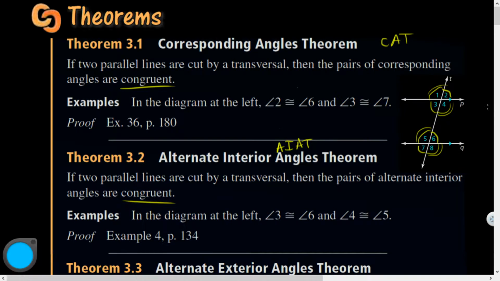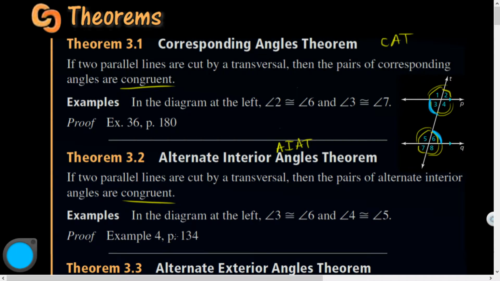Alternate interior would be like this one and this one, and notice, those are congruent. And you'll be able to prove it using vertical angles mixed with CAP. We'll probably do that in, I'm guessing, example 4 today.